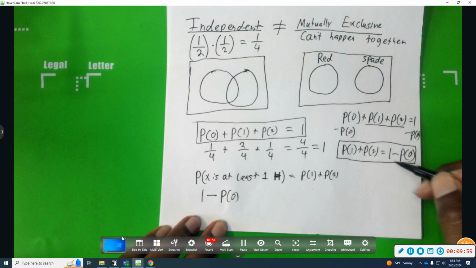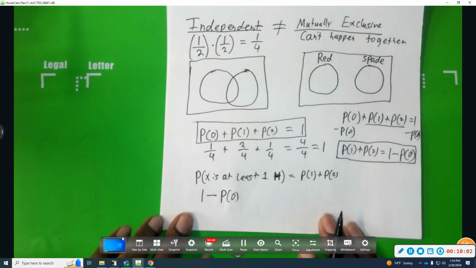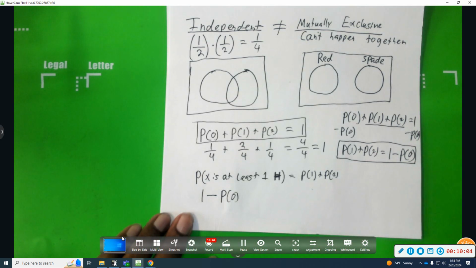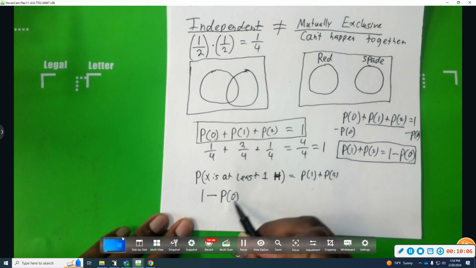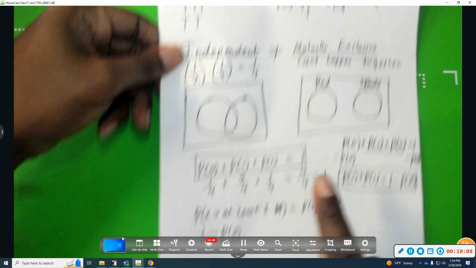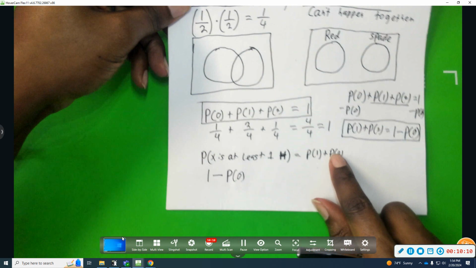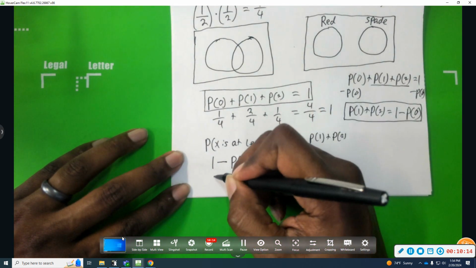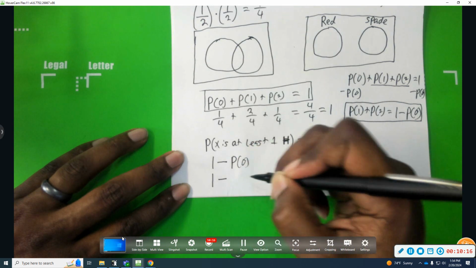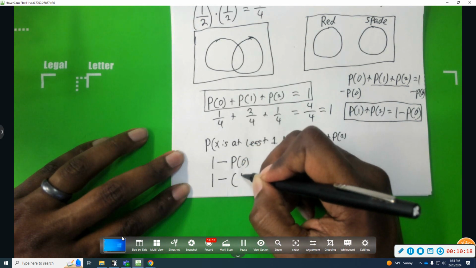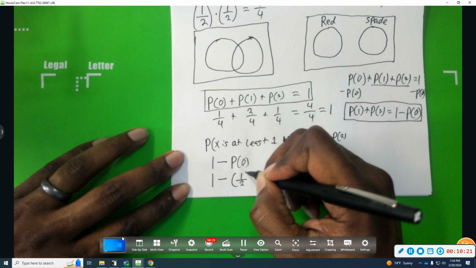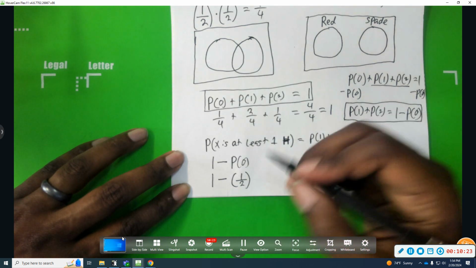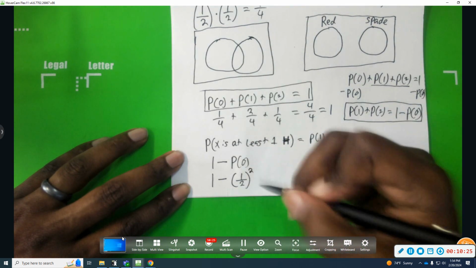This is the part we're going to focus on. When you know events are independent and you know how many times you repeated that experiment, the probability of 0, which we already computed up here, was 1/4. But if you had to do it in a problem and you're told independent and the probability, we say 1 minus whatever the probability of that experiment is, just flipping it once, and however many times we flip that coin, we raise it to that power, so to the second power.